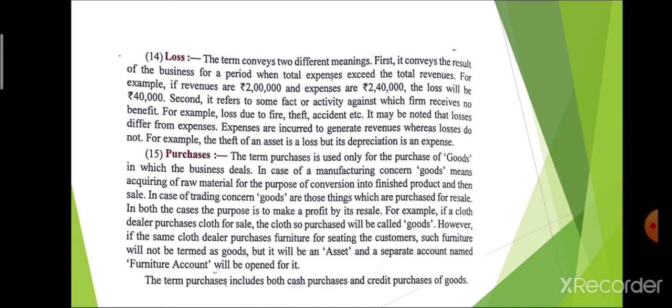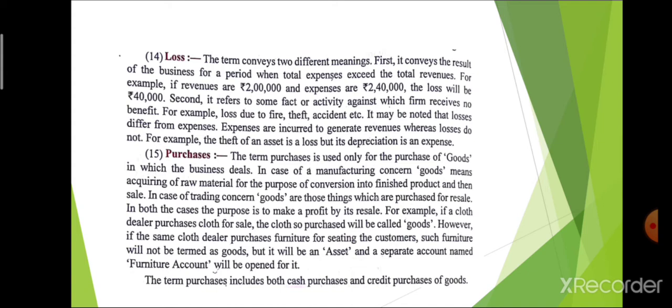The next term is loss. When revenue is greater than expense, that is treated as profit. But when expense is greater than revenue, that is treated as loss. For example, if we manufacture a pen at rupees 15, but due to market condition, we have to sell that pen at rupees 10.